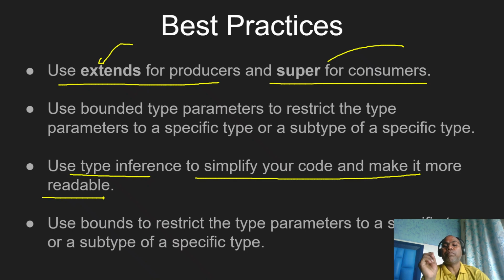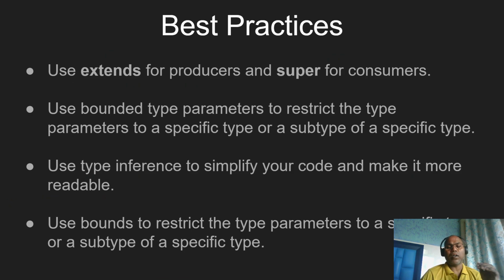Use bounds to restrict the type parameter and to specify the types, super types or specific types. If we use this PECS principle, it can easily help developers understand generic code, and once you understand generic code, you write safe and robust code.